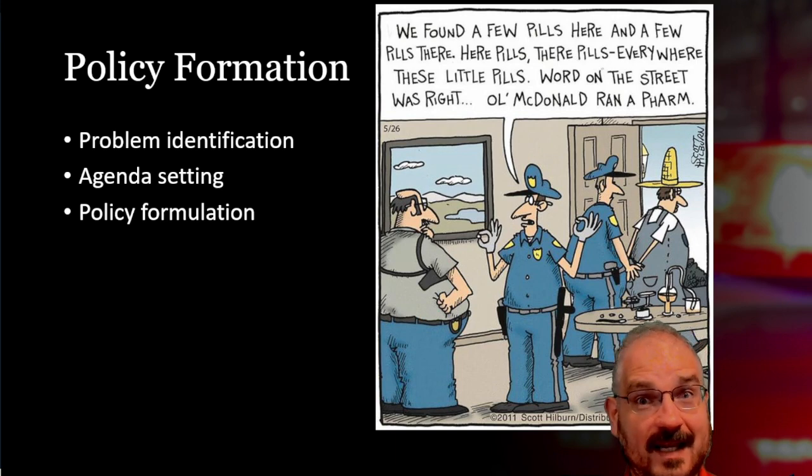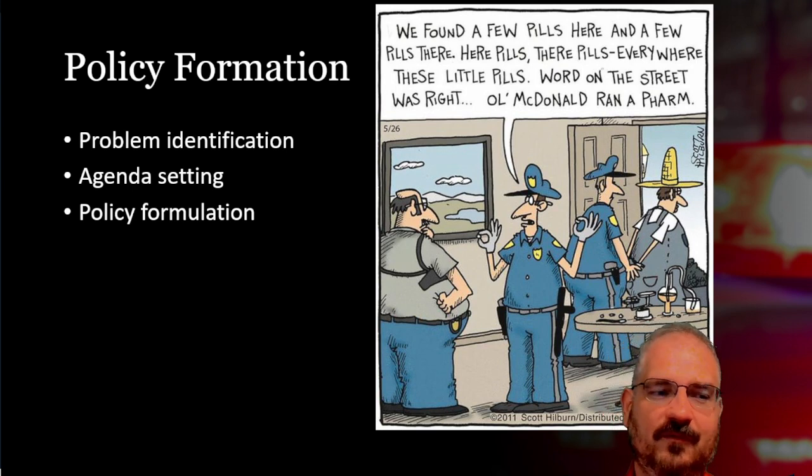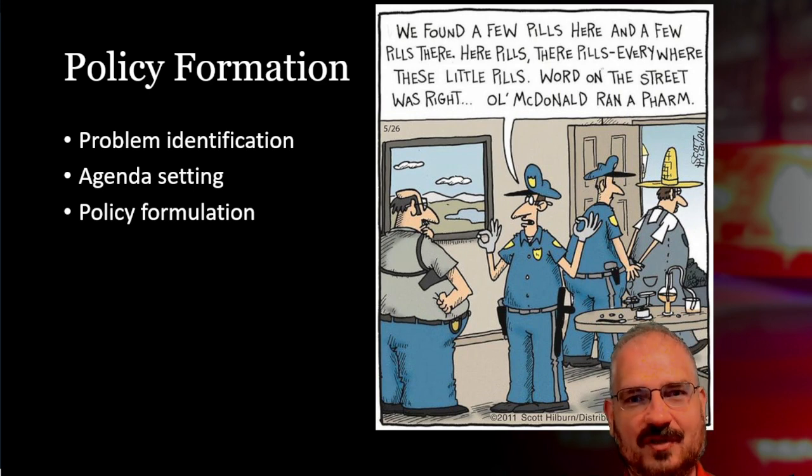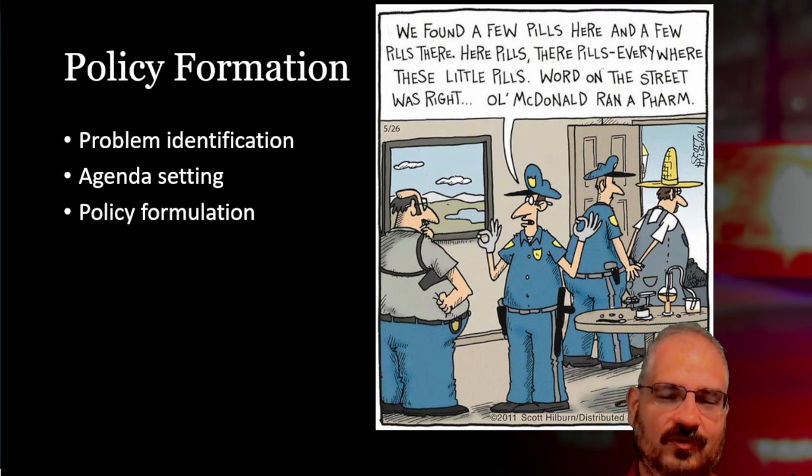There's the agenda setting process, where that problem gets onto somebody's desk who can do something about it. And then there's the policy formulation step, where they actually figure out what the options are and try to gauge what the best option is for creating a solution to that problem.